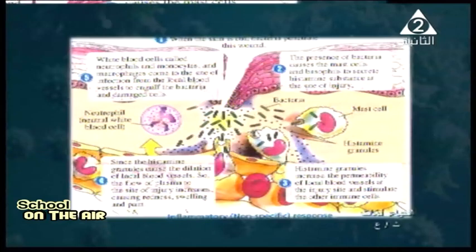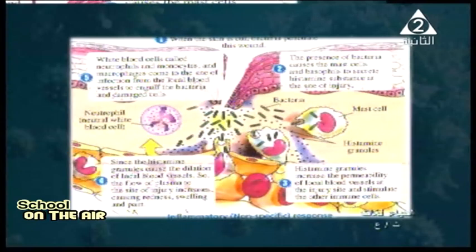Number 4, the histamine granules cause dilation of the local blood vessels, meaning the blood vessels become wider inside. So the flow of plasma to the injured site increases, causing redness, swelling, and pain. Redness means the skin becomes red in color. This is an indication of the histamine.